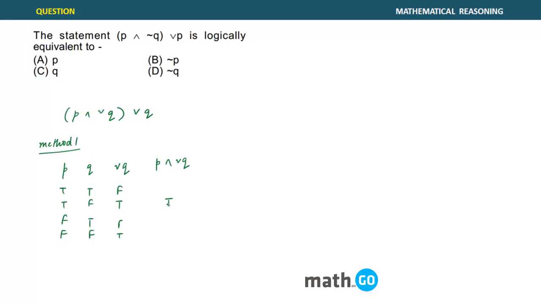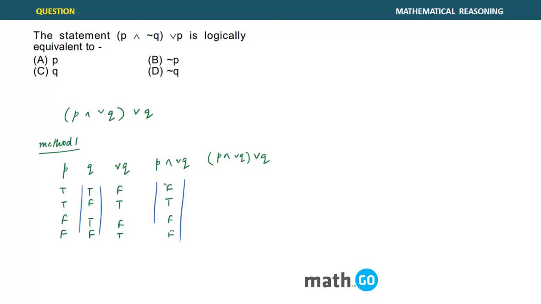This is the only true part that you have. This is false and false, so this will be false. False and true, this will be false again. And then you want this statement to be ORed with Q itself. So now we will focus our energy on this particular column and this particular column over here.